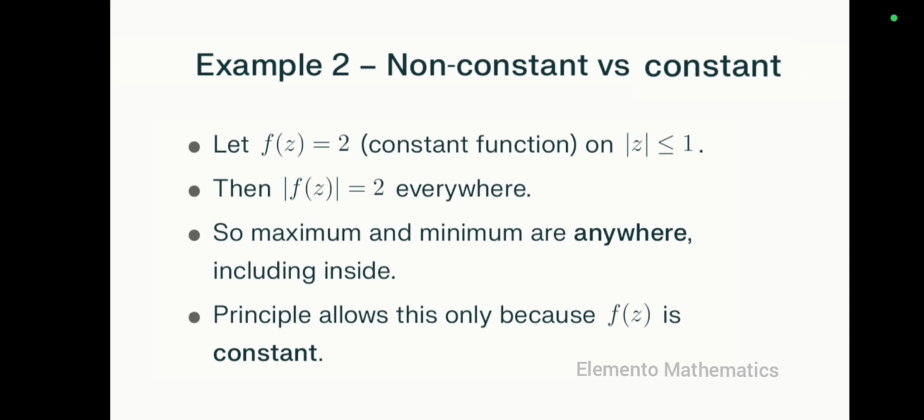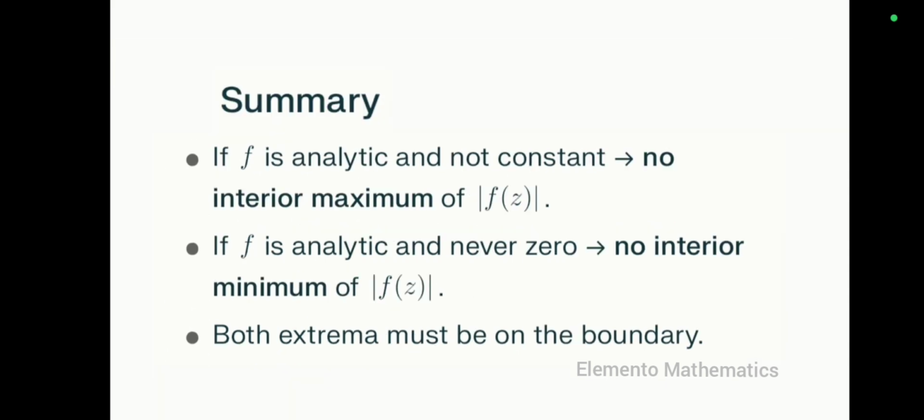I hope you all understand until here. So let's summarize. If a function f(z) is analytic and non-constant, its modulus |f(z)| has no interior maximum point. It means the maximum will occur on the boundary.